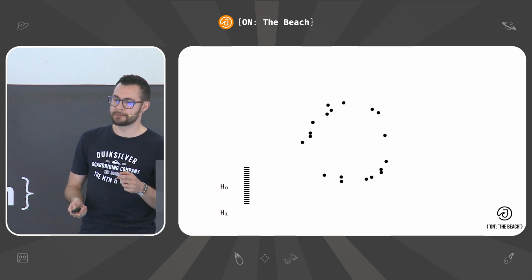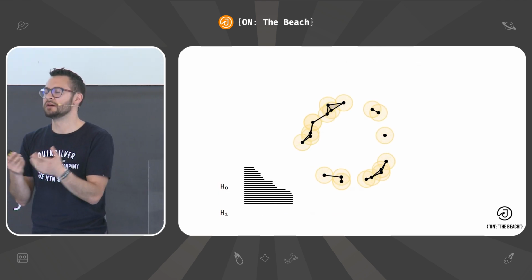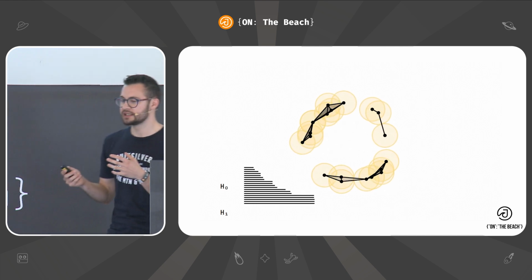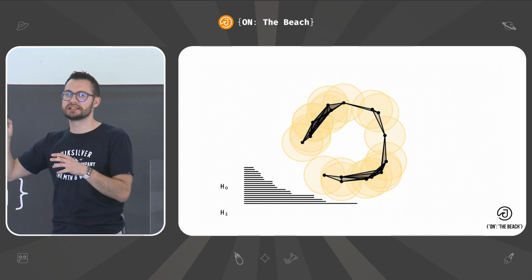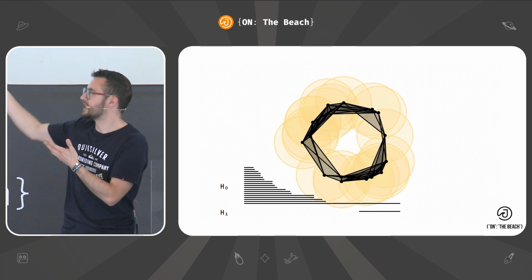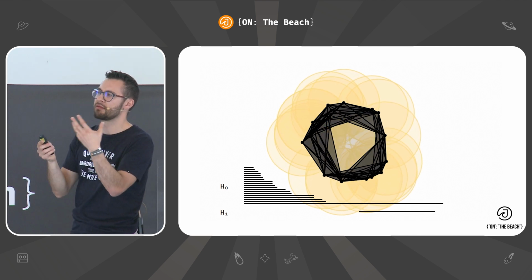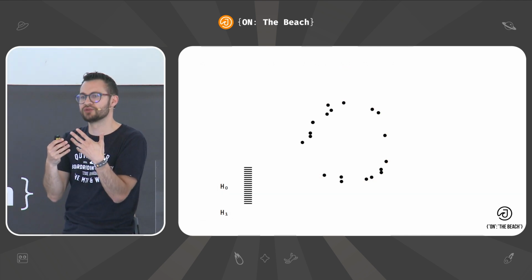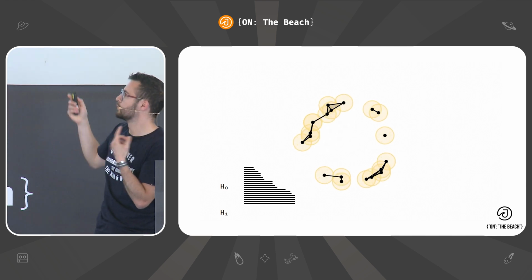So when we apply this algorithm to a slightly larger example, we see that, yes, in H0, we start with a component for each one of the points initially in the cloud, but they disappear when everything joins together. So all disappear except one.